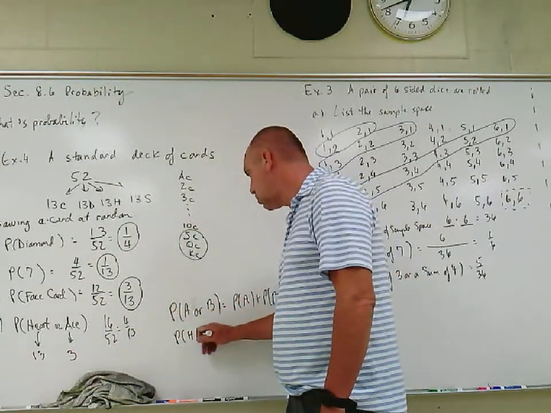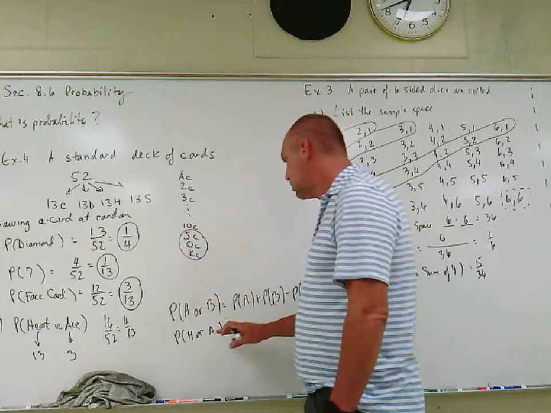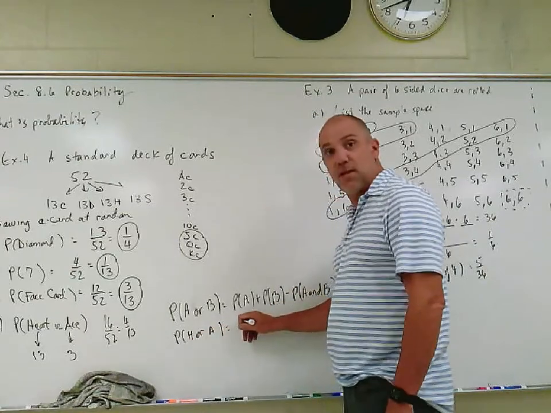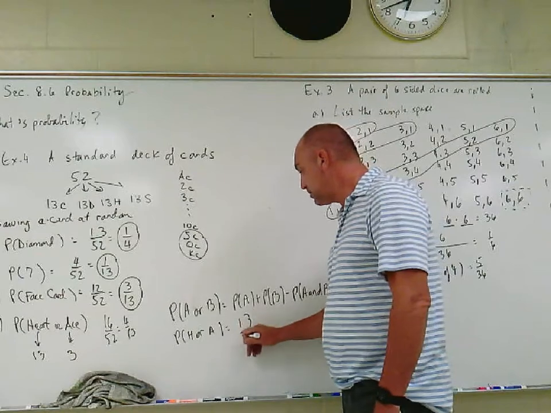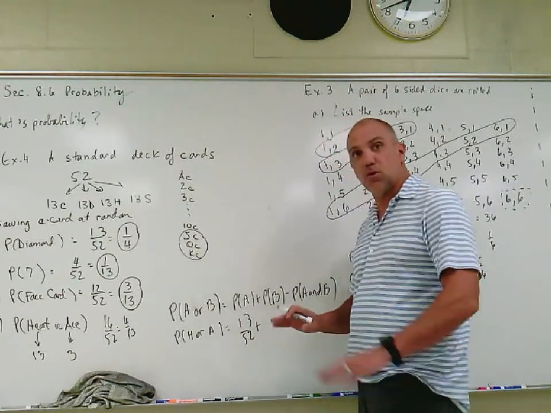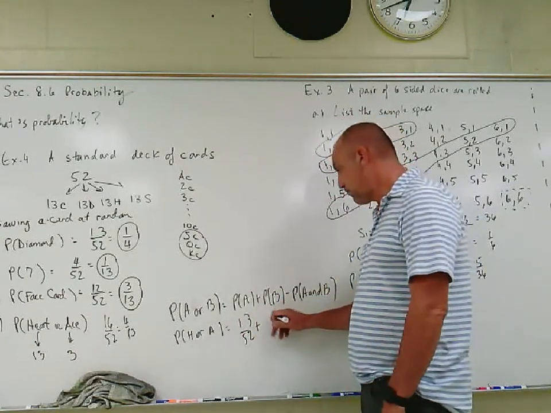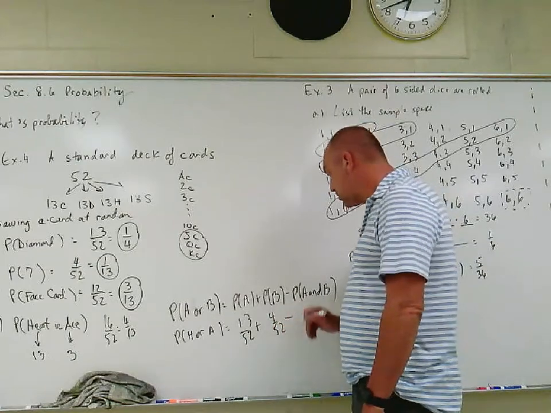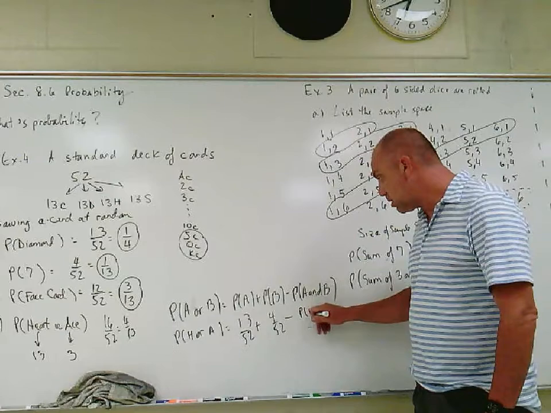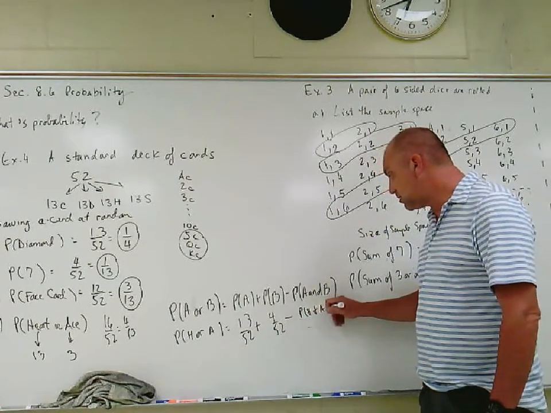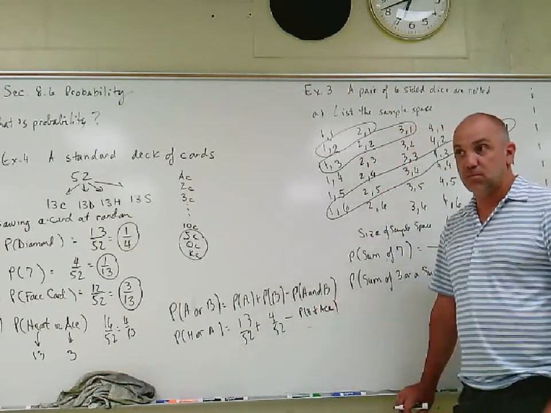Probability of a heart or an ace, right? So hearts is how many out of 52? 13. Aces is how many out of 52? Just all the aces. 4 out of 52, right? But minus, is there a way to get a heart and an ace? Yes. The ace of hearts.